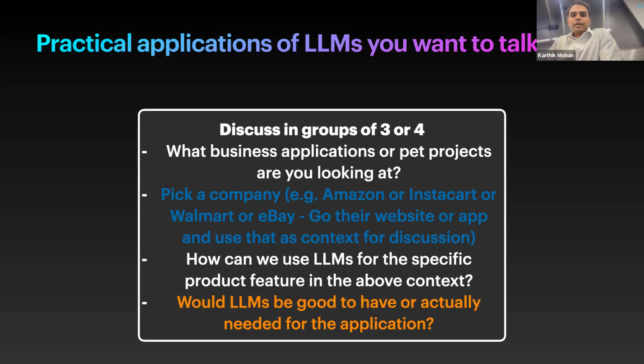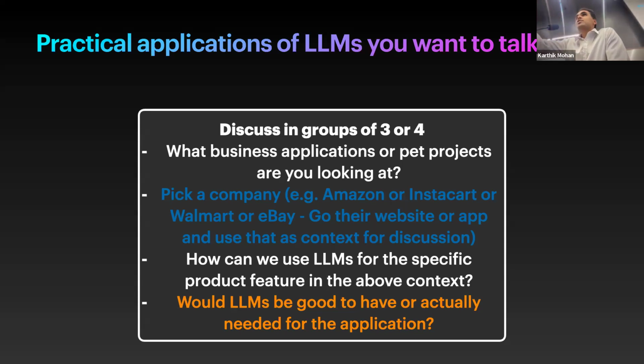For example, also pick a company. If you have your own company, great. If you have problems in your own company, great. Or pick a company, let's say Amazon or Instacart or Walmart or eBay, and actually go to their website, right? We'll keep this product focused. So look at their product features, right? What are some products that they have to offer? Products is not just actual products.